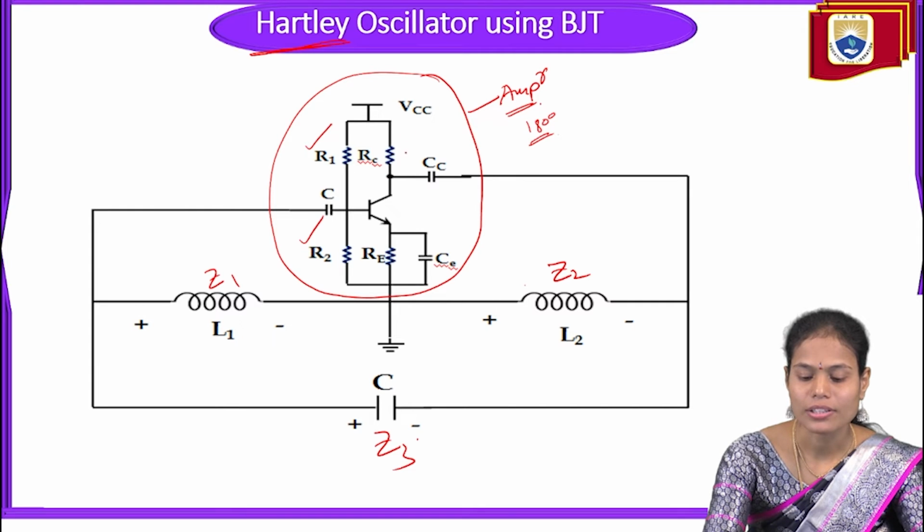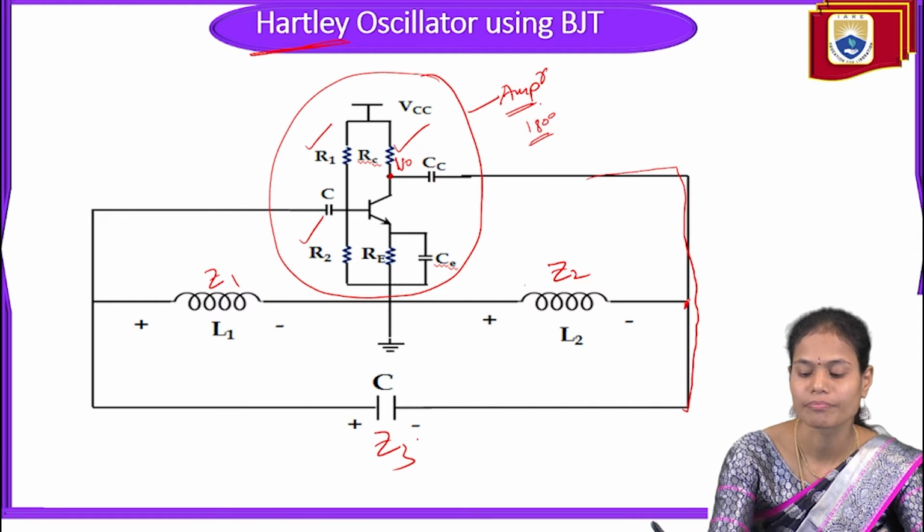Across the collector we take the output, that is V0. This output, through the coupling capacitor CC, we connect to the feedback network.